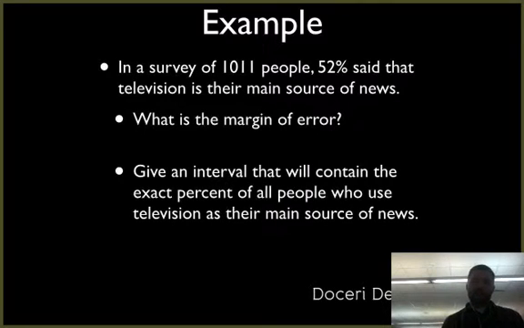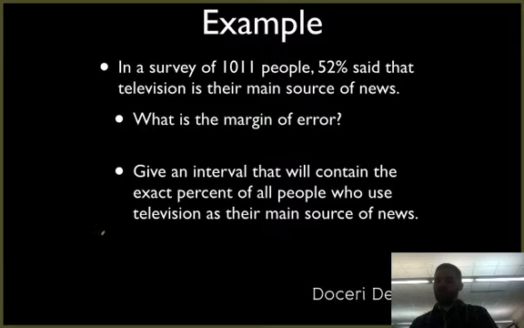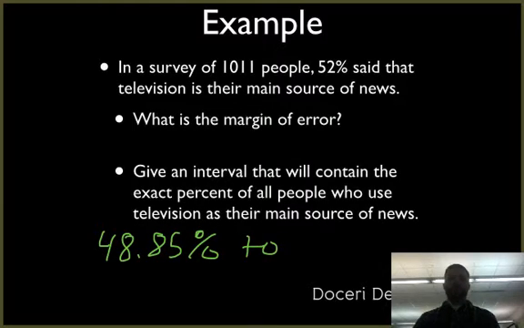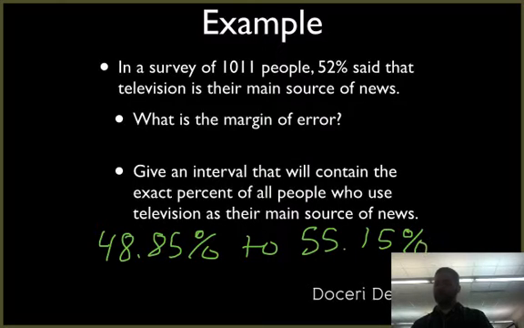If we go plus or minus 3.15%, we could go minus 3.15, which would be 48.85%, all the way up, if we add on 3.15, to 55.15%. Somewhere in that range is the exact percentage. Because it was just a sample, there could be a little bit of error. It could be 54% or 49% or whatever, but it's somewhere in that range.